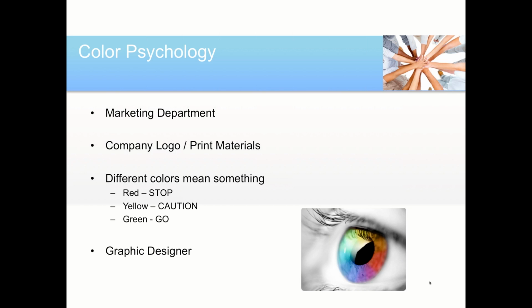Usually what ends up happening is the marketing department is heavily involved in this. How is this dashboard going to look to our clients? So marketing is key because you have to keep in mind what colors mean to people, but then you also sometimes have to incorporate company logo colors. And there's a whole marketing thing behind it.